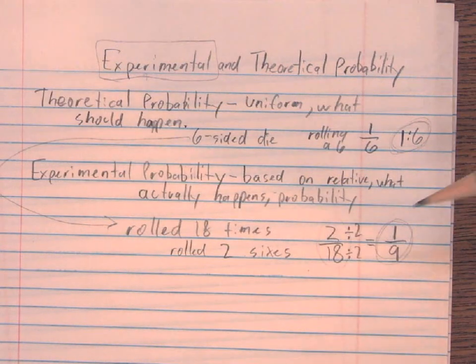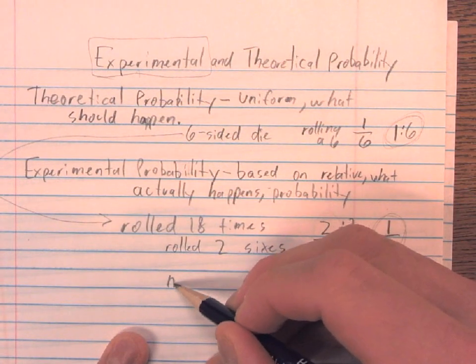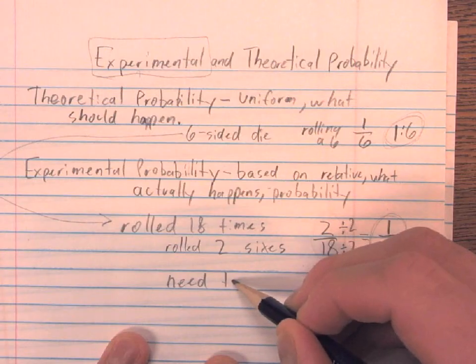So how could this be wrong? Why does it not show up exactly 1 out of 6? There's a couple reasons why. It could be the die is broken. Maybe the die is weighted in a certain way. It could be that we just haven't rolled enough, so maybe we just need more experiments.